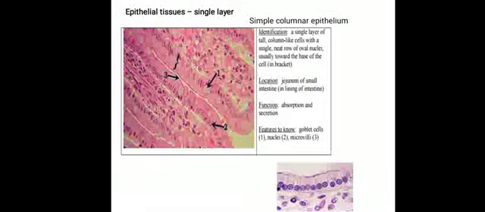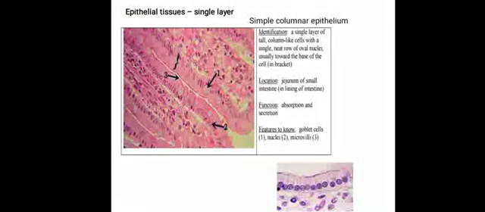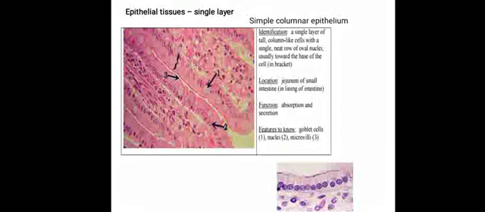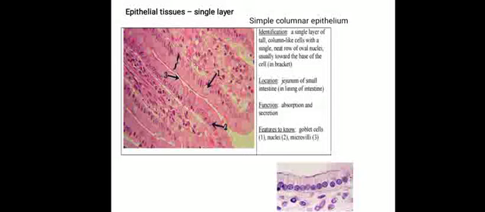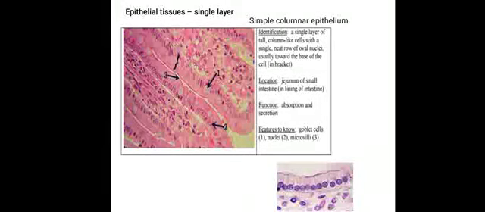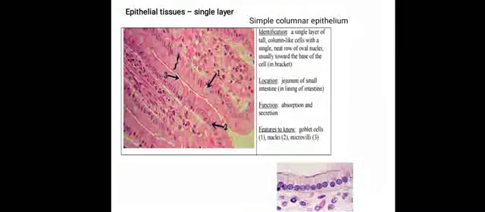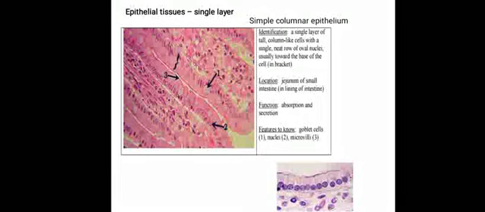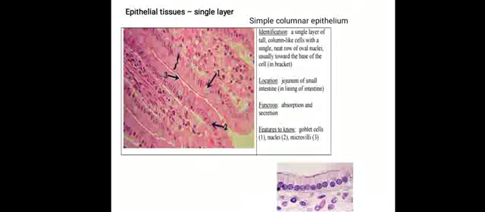You can find it in the small intestine, in the lining of the intestine, and the functions are absorption and secretion. Features you need to know: goblet cells are present, nuclei are present, and microvilli are also present.